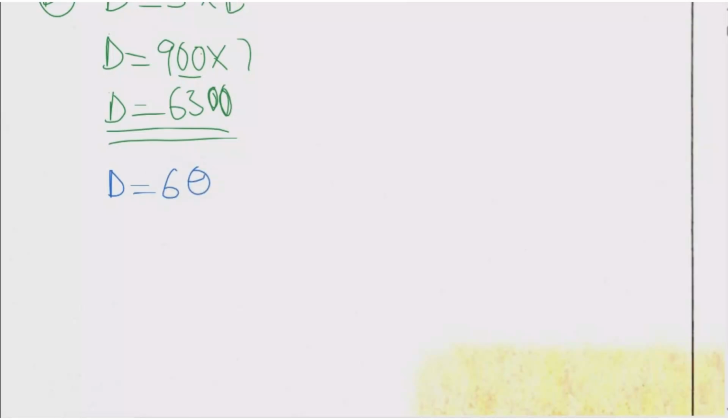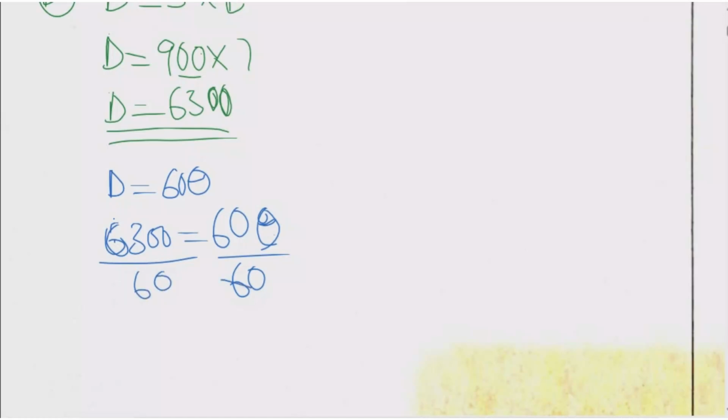We found that distance is equal to 6,300, which is equal to 60 theta. We divide both sides by 60 so that we remain with theta on one side of the equal sign. The 60 and 60 cancel each other out, leaving us with only theta on this side.